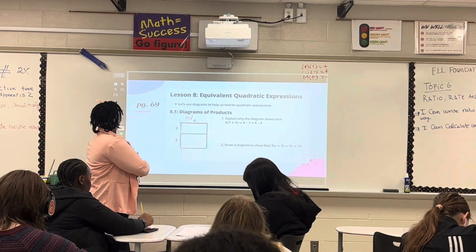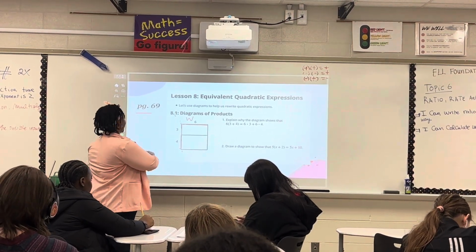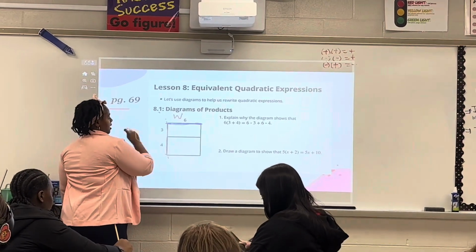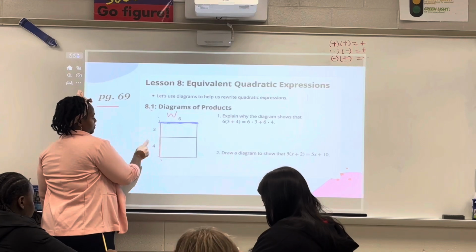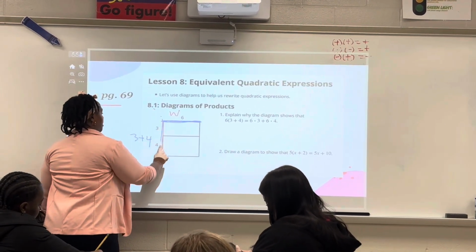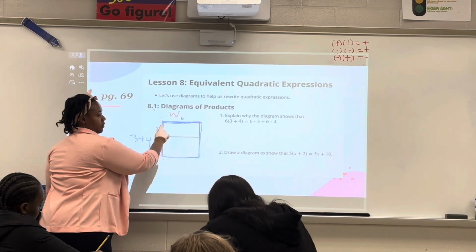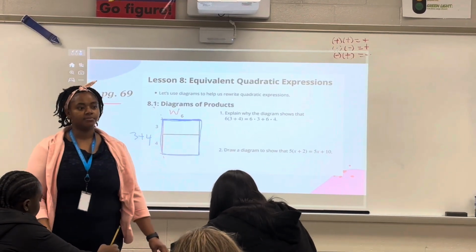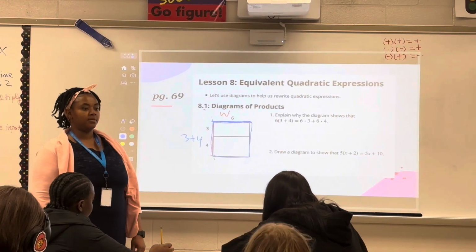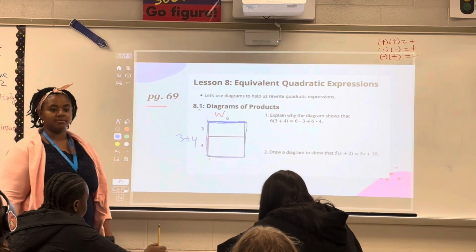Okay, so we have Manuel here identified that the width here is 6, and then the length here will be 3 plus 4. So if we're finding the area of this big shape here, what's the area of the rectangle? What's the formula to find the area of the rectangle? We did that in the previous lesson.